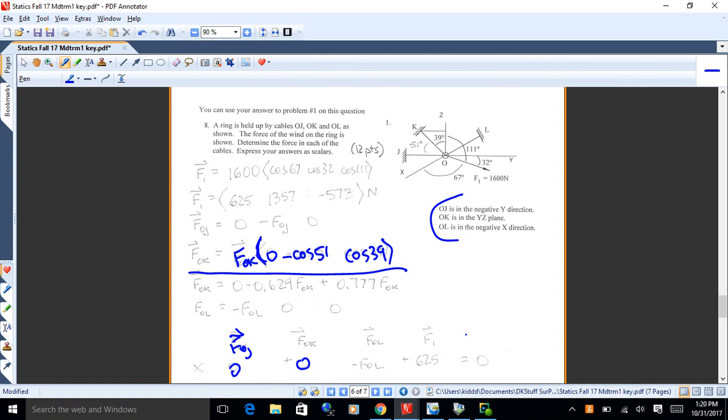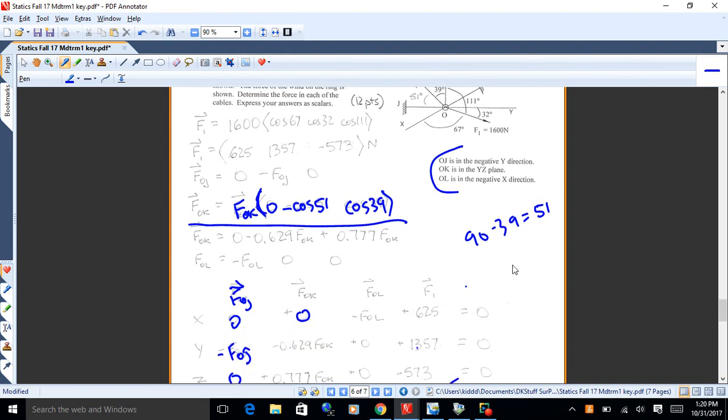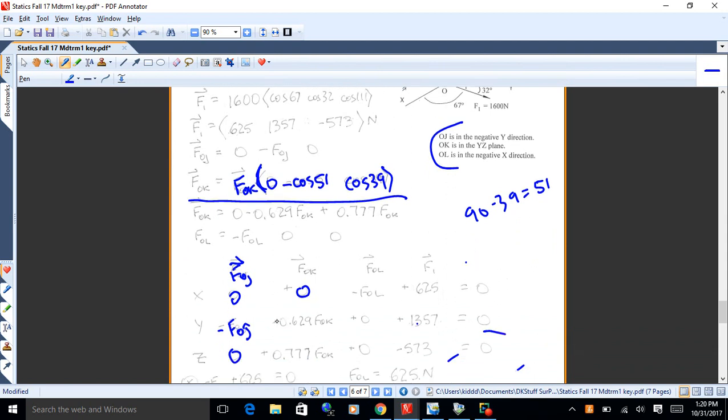So 39 is the angle with the z-axis. 90 minus 39 gets you 51, so that's the angle with the negative y-axis. So that gets you negative 0.629 FOK and plus 0.777 FOK, and then a 0 at the top.